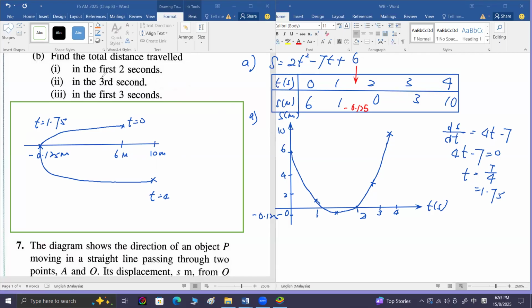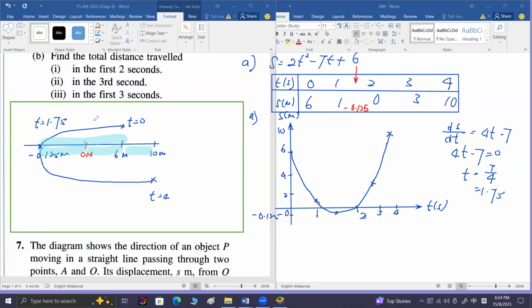Before I continue with Roman 1, 2, and 3, I want you to understand if the question asks you to find the first 4, so listen to me first, class. Let's say the question asks you to find the first 4. Here we make it 1, 0. 0 meter. Look at what I'm trying to explain to you all. 6 plus 0.125, another 0.125, another 6, another 4.